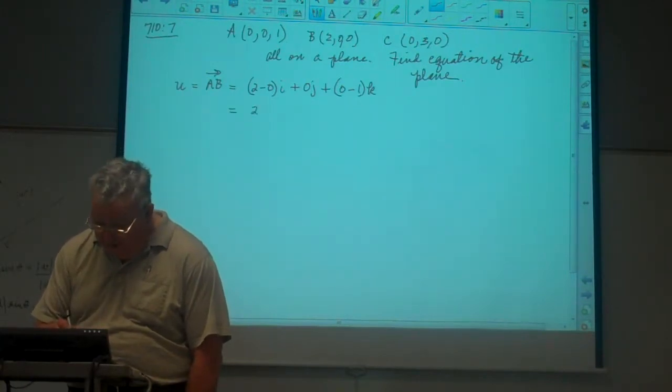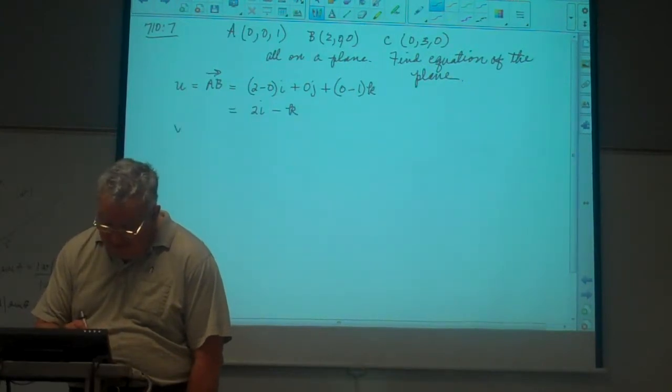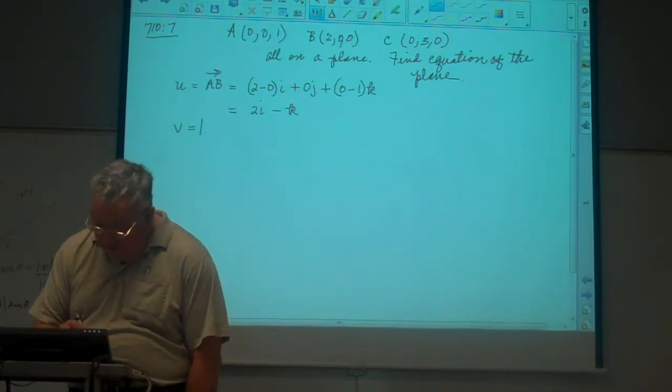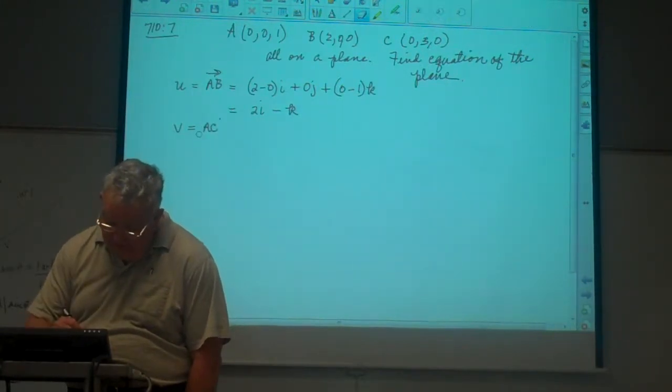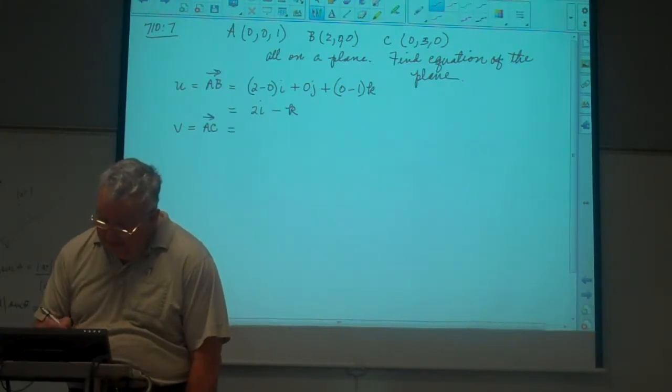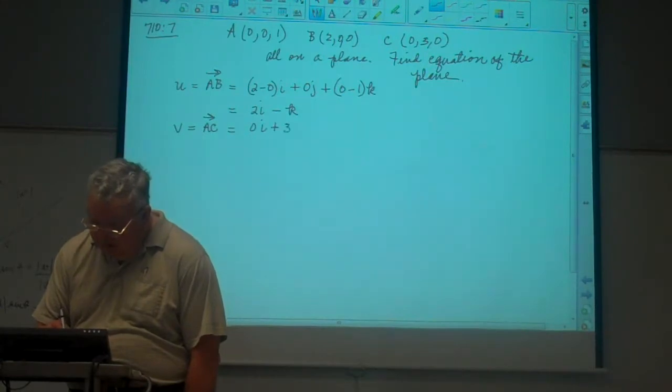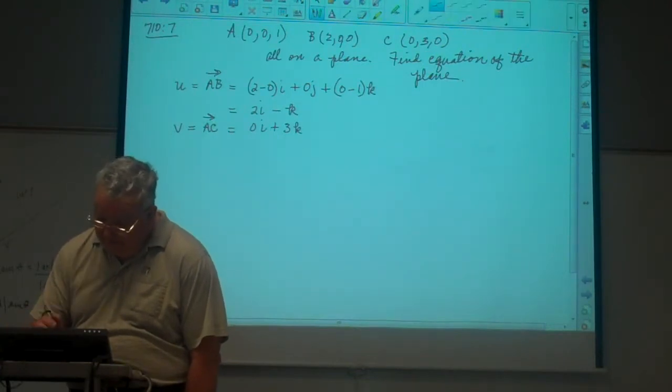Which is 2i minus k. And then I'll let the vector v be equal to the line AC. And AC doesn't really matter, does it? But AC is equal to 0i plus 3k minus k.